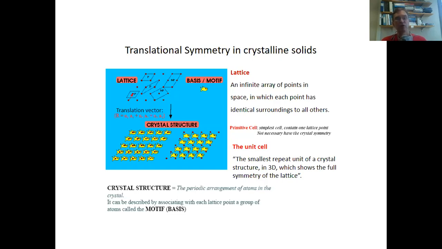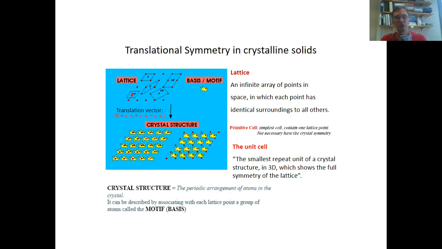Now, the last point we discussed was that an extended solid is, in principle, an infinitely large structure. So the question is, how can we describe the crystalline extended solid in the most concise form? That led us to the concept of the primitive cell and the unit cell.